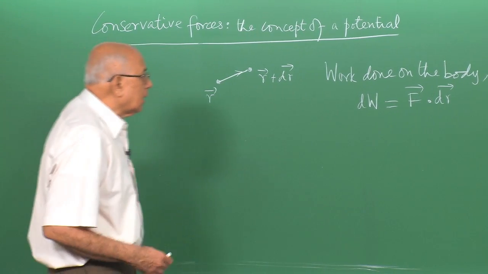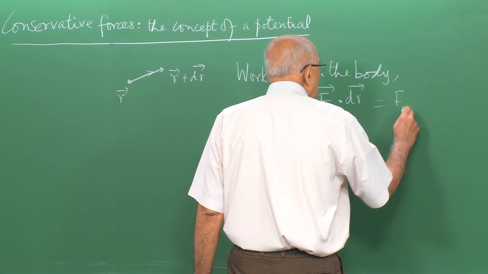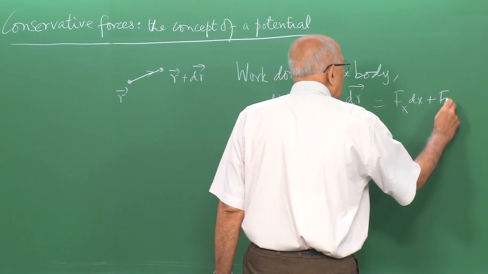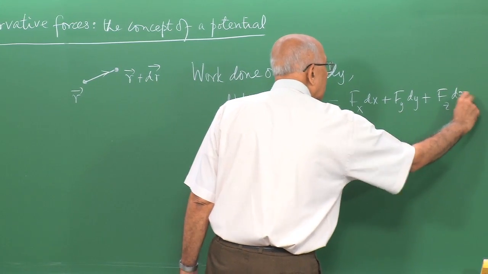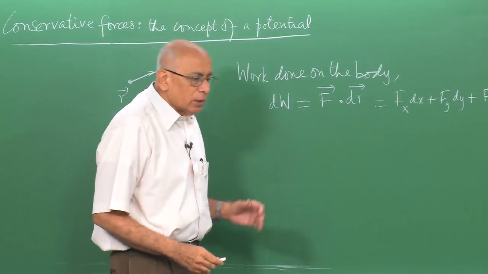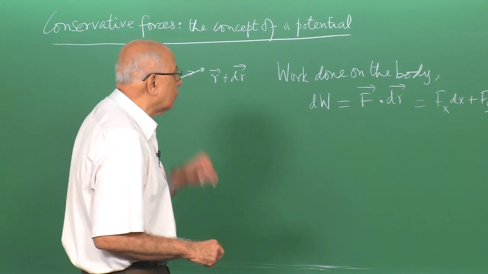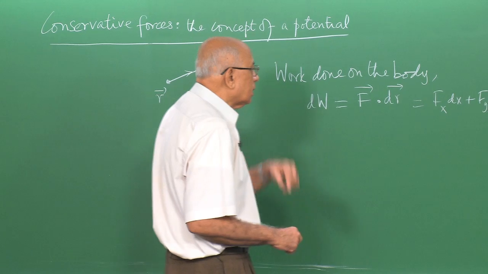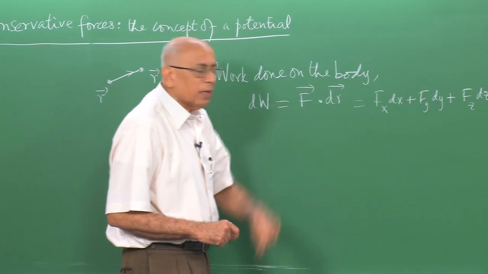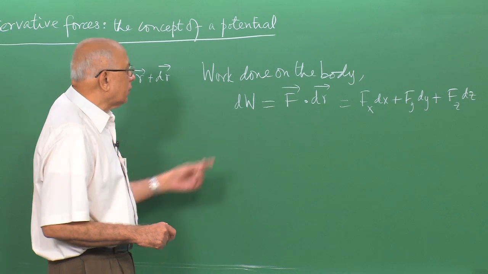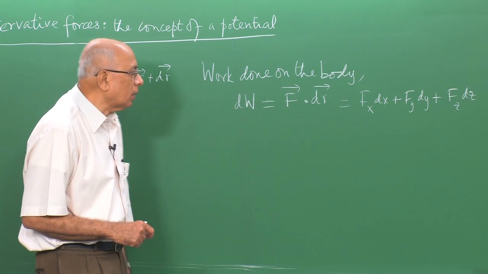So this immediately suggests, for one thing, that in Cartesian coordinates you could write this as Fx dx plus Fy dy plus Fz dz, remembering that dr in general can be decomposed along ex, ey and ez, and similarly for F. So this suggests immediately that each component Fx, Fy, Fz is some kind of derivative of this infinitesimal amount of work with respect to the corresponding displacement.